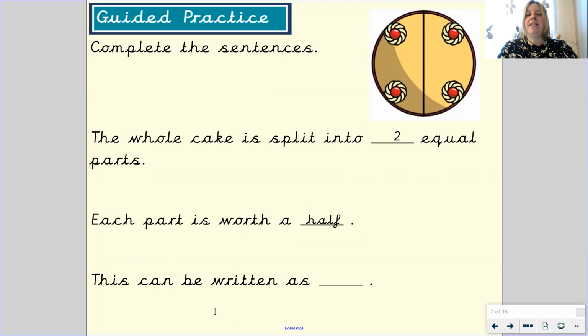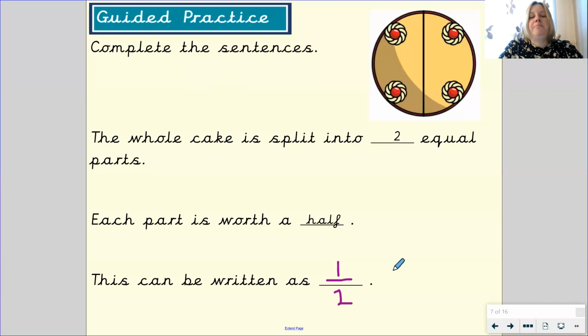So here I need to write this as a fraction. So I would write my half just like this. It tells me that altogether there are 2 equal parts, and each part is worth 1 because each part is 1 part of the whole.